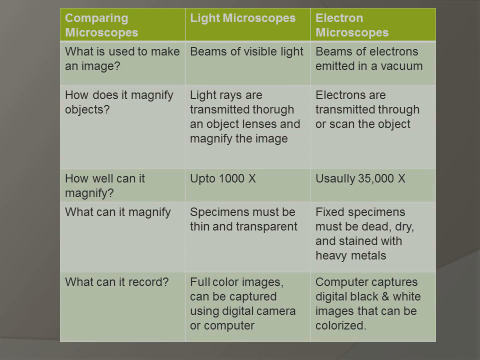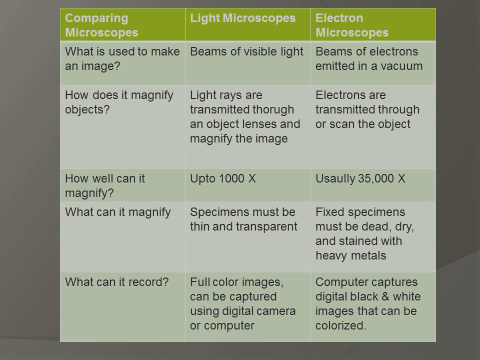This is the comparison table of light microscopes and electron microscopes. It is a simple comparison where you can easily understand the advantage of electron microscopes over light microscopes. The first thing is what is used to make an image. There is a source: in light microscopes it is visible light, and in electron microscopes it is a beam of electrons.